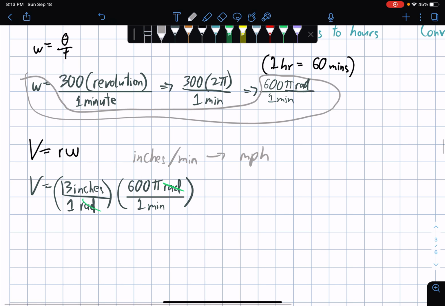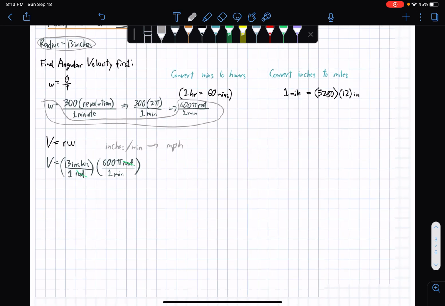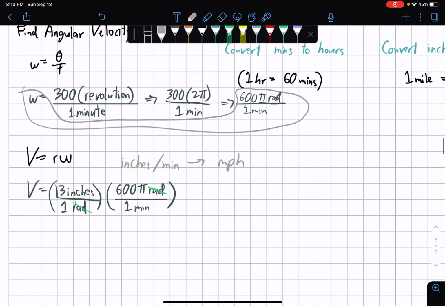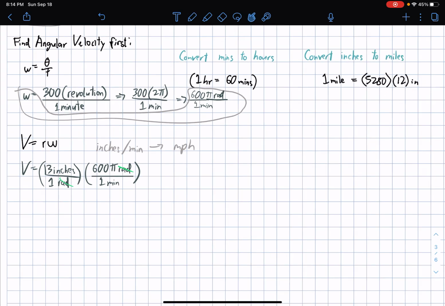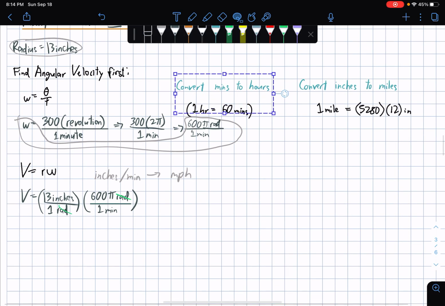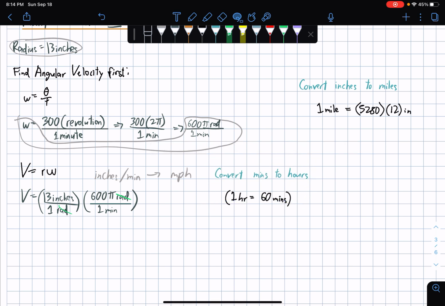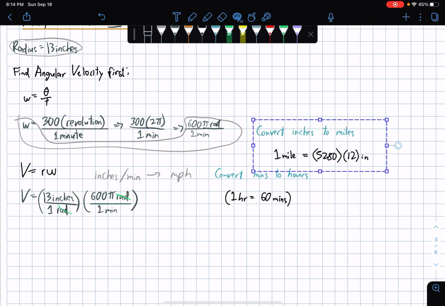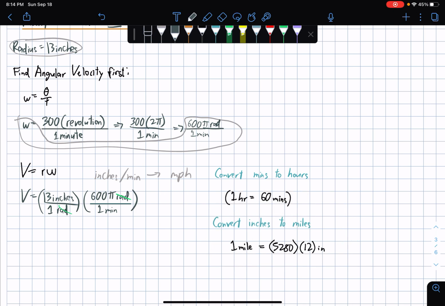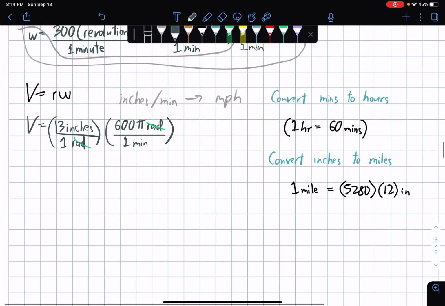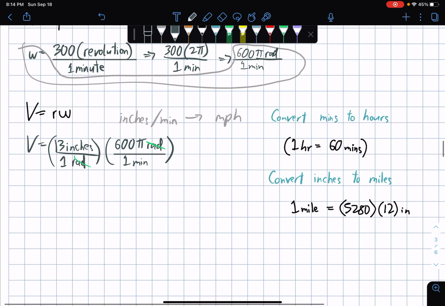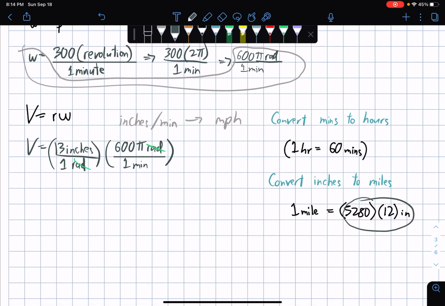This is the lesson on conversion factors involving linear and angular velocity. We convert minutes to hours, and for the measurement itself, we convert inches to miles. 1 mile is 5,280 times 12 inches.